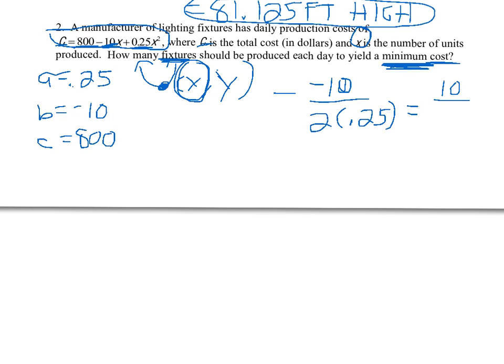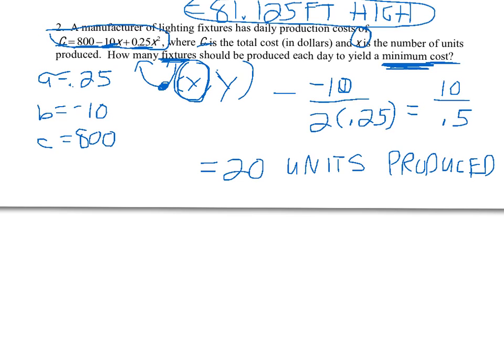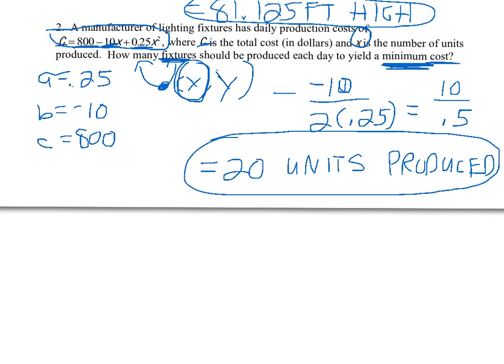You're going to get 10 over 0.5. And 1/2 will go into 10 20 times. So there it is. That's your answer to this question. That's all you have to do. There's 20 fixtures or 20 units produced. When they produce 20 units, it gives you the lowest cost possible. And that's your answer.